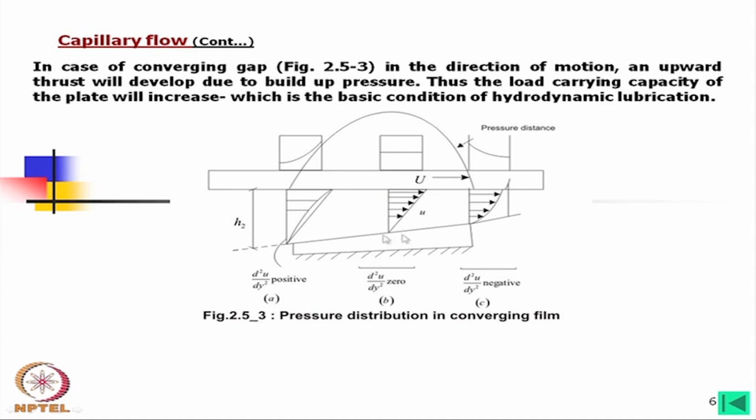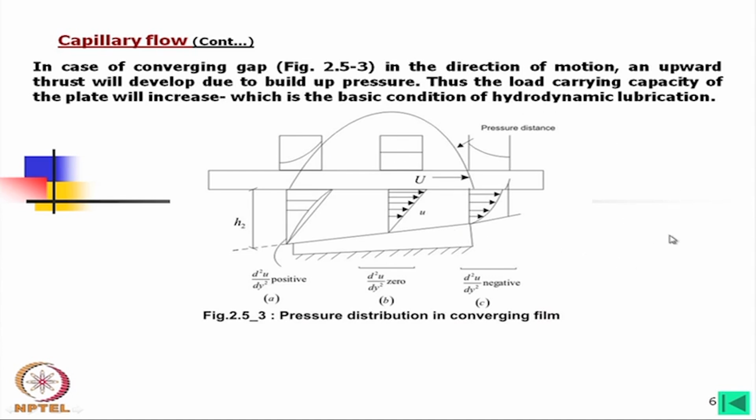Say, for example, in that case one plate is moving on another plate with a uniform gap. From the stationary plate we can make several holes and allow the high pressure oil to go in.